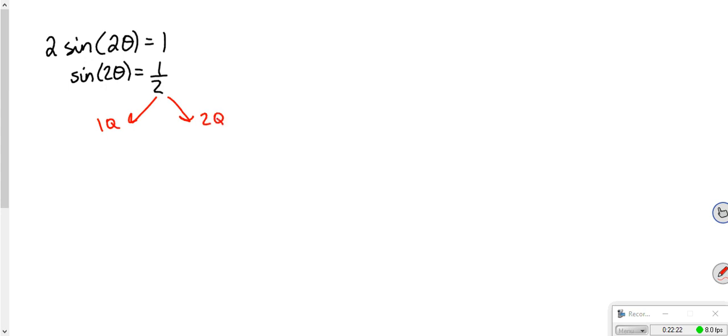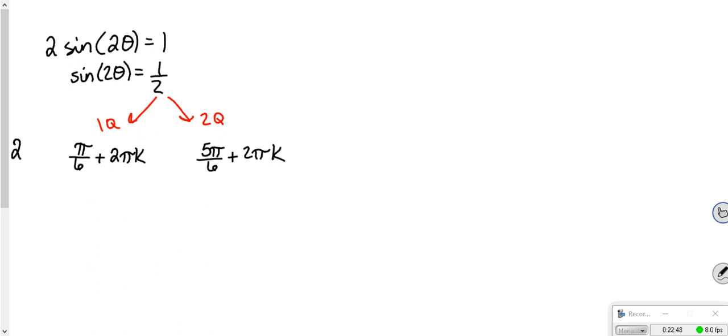So this would either be pi over 6 plus 2 pi k, or 5 pi over 6 plus 2 pi k. Now, here's the deal though. This wasn't solving for theta, this was solving for 2 theta. Okay?